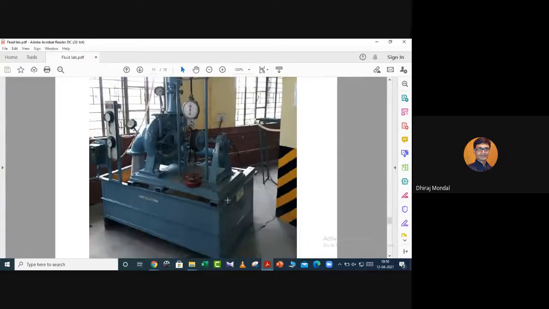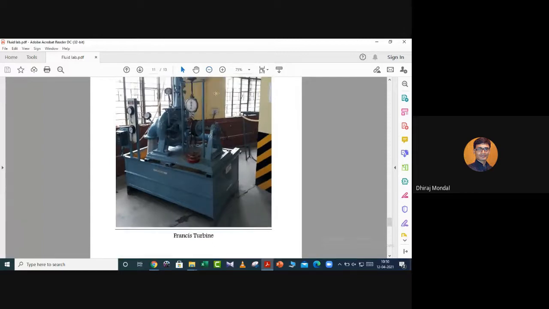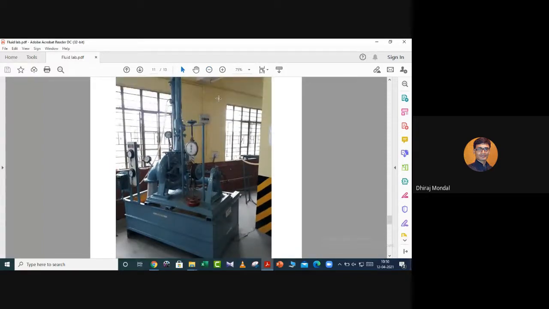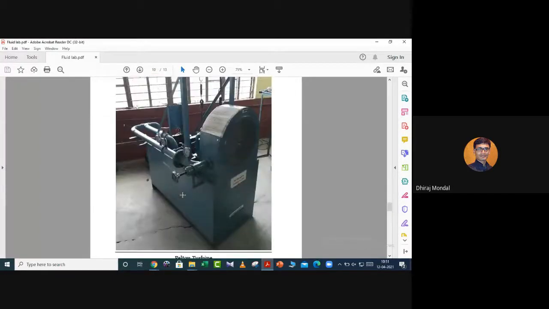Next, you can see the Francis turbine. The Francis turbine is basically one kind of radial flow reaction turbine. So remember, when I am talking about the Pelton wheel, it is one example of a tangential flow impulse turbine.